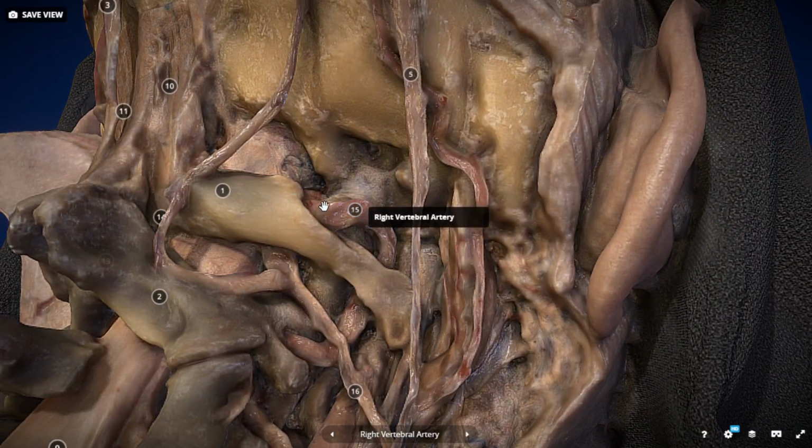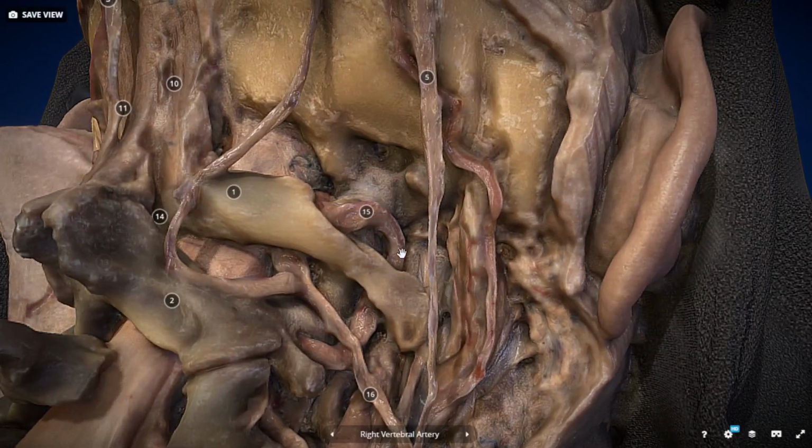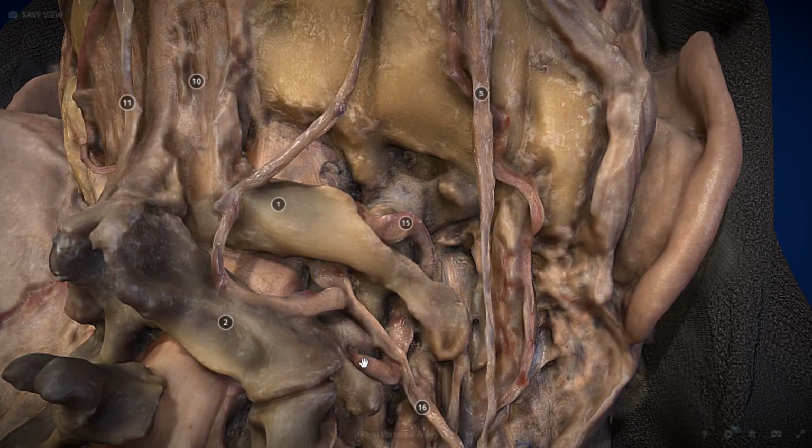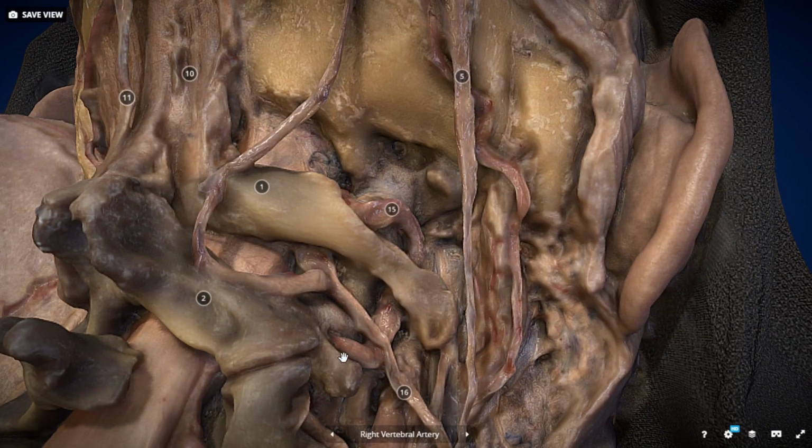From the other side, we can identify the right vertebral artery. Again, V3 segment with a horizontal portion and a more vertical portion that is coming out of the transverse foramen of C2 and entering the transverse foramen of C1.